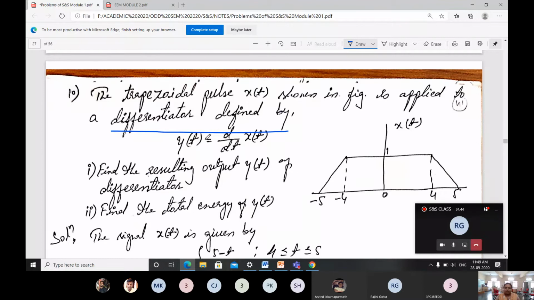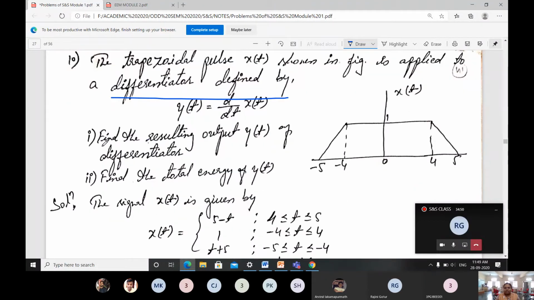That is, y of t is going to be d by dt of x of t. They asked: find the resulting output y of t of the differentiator, then find the total energy of y of t.